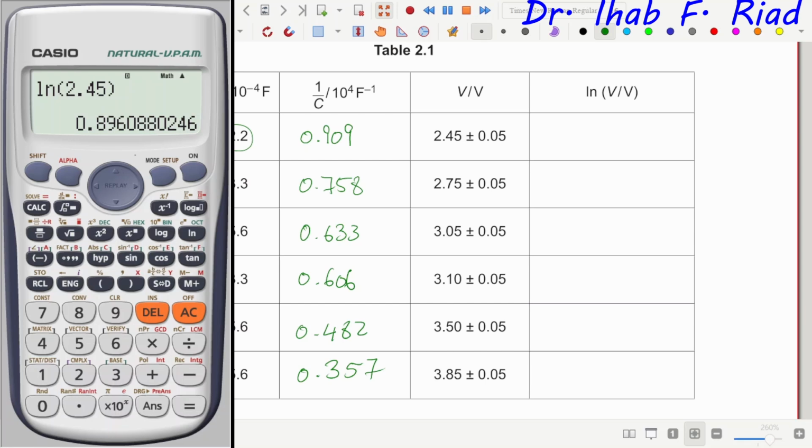We have here 3 significant figures, so we are going to keep 3 decimal places: 0.896.